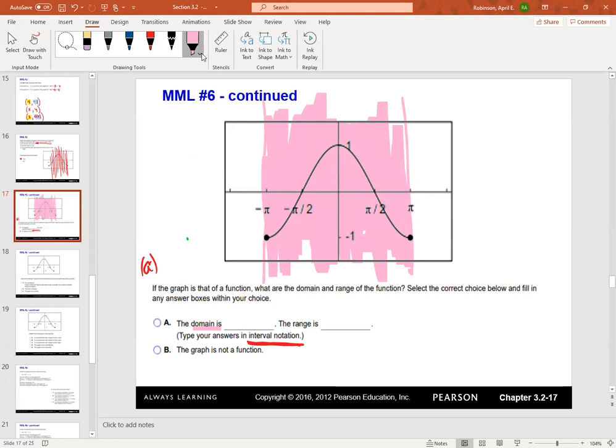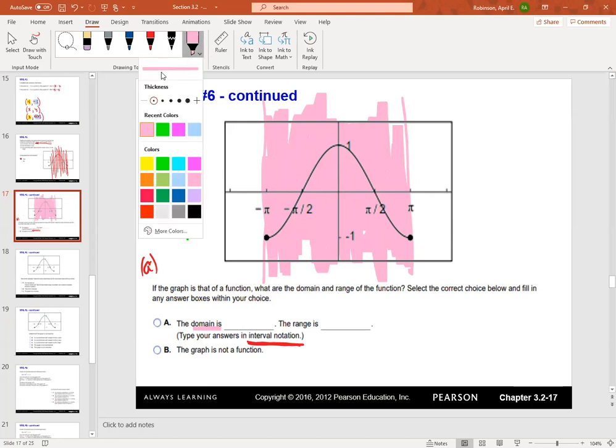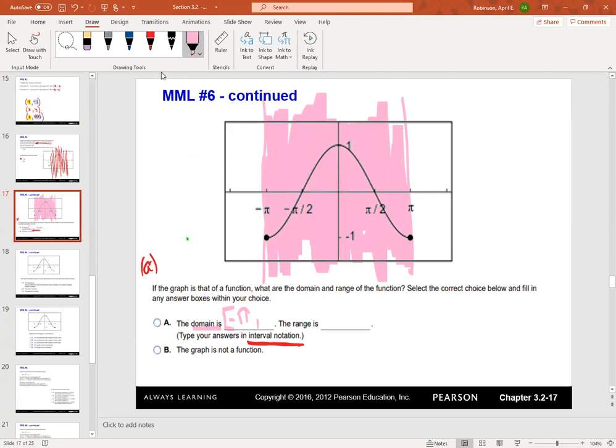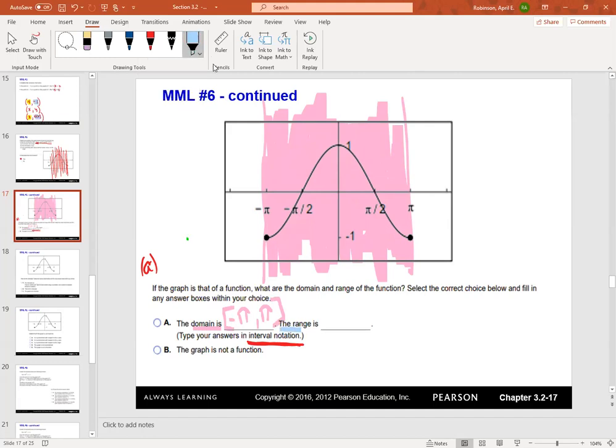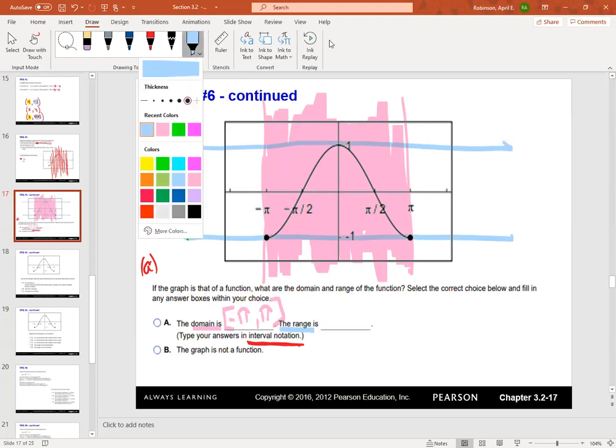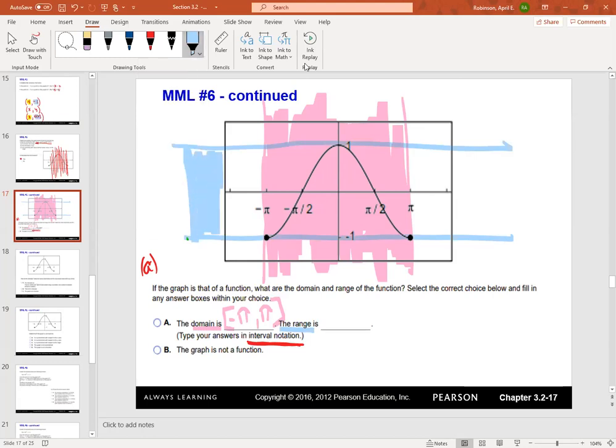So that was negative pi to positive pi. And then for my range, you go from the lowest point here to the highest point there, because your range goes from bottom to top this way.